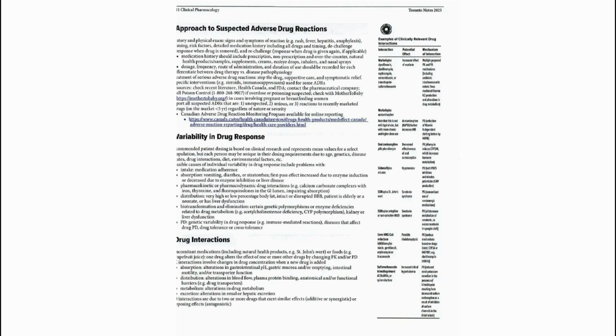Combining these serotonergic agents increases the risk of serotonin syndrome. SSRIs plus selegiline or non-selective MAO inhibitors. These combinations also markedly increase serotonin levels and may produce life-threatening serotonin syndrome.